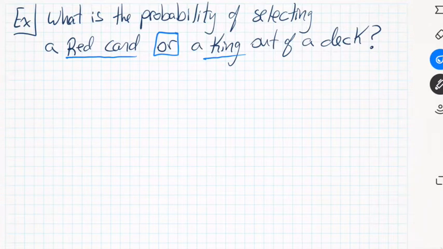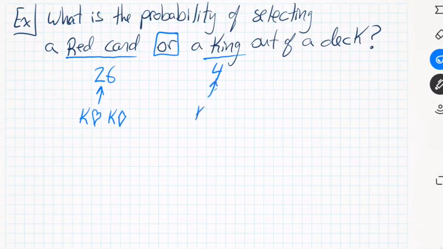If we added them together, the problem becomes this. There are 26 red cards and there are 4 kings. But in this 26 is the King of Hearts and the King of Diamonds. And over here in this number 4 is also the King of Hearts and the King of Diamonds.